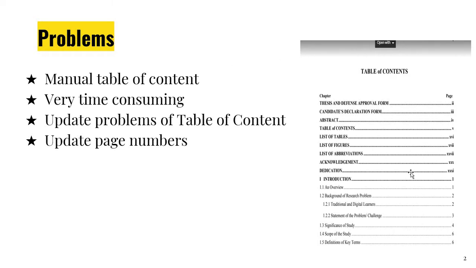If you are going to make it manually, first of all you will face the trouble of dotting. The second trouble is page numbers. And if you change some page numbers in your second draft or third draft, it would be very hectic to change page numbers every time.